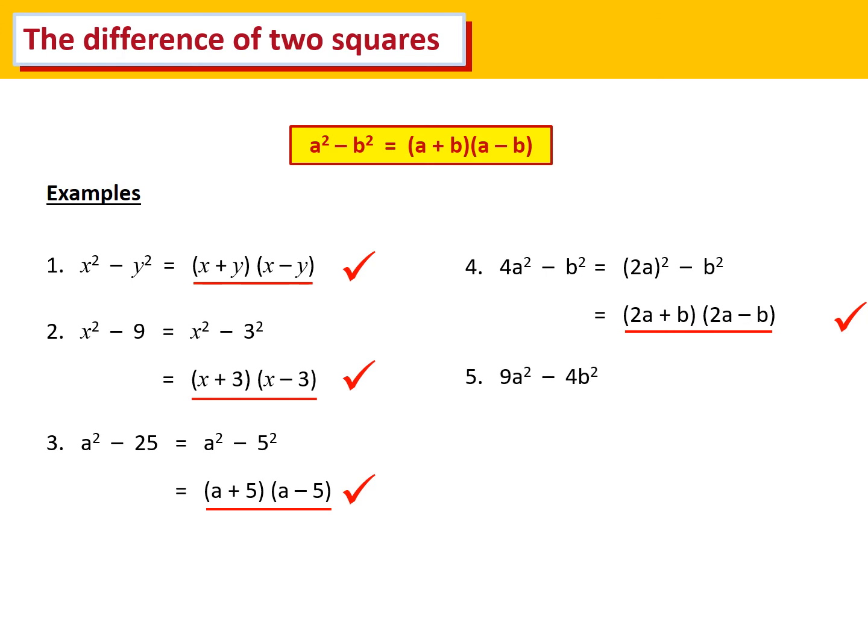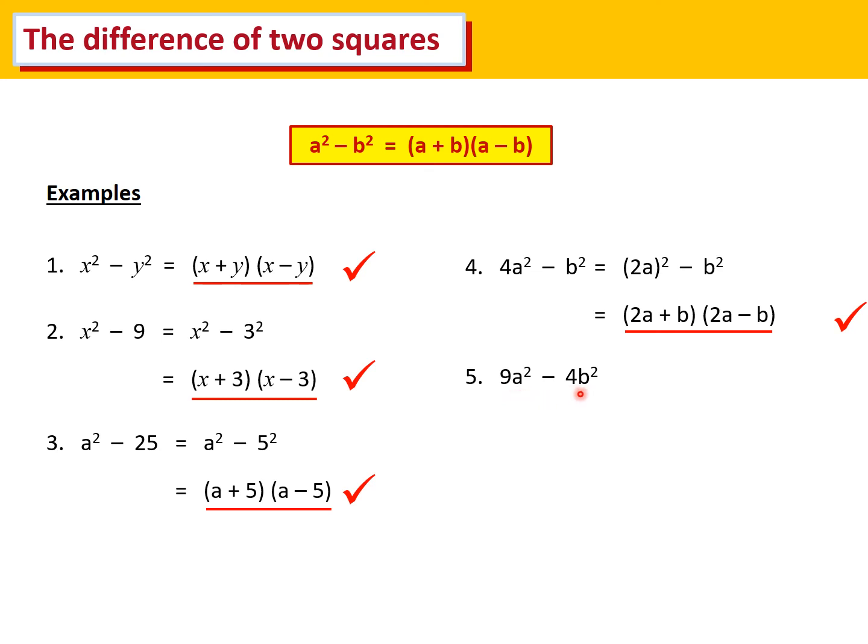Example 5, another little step up. First of all, 9 times a squared, or 9 lots of a squared, what would that be as something squared? I.e., what squared gives you 9a squared? And the answer to that question is 3a, because 3a times 3a is 9a squared.